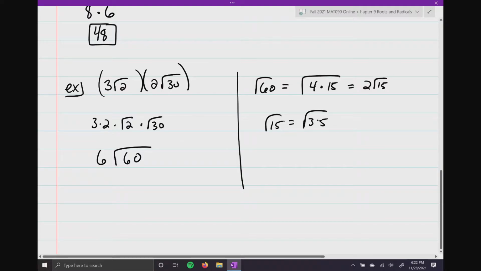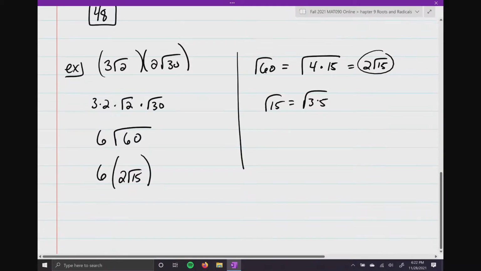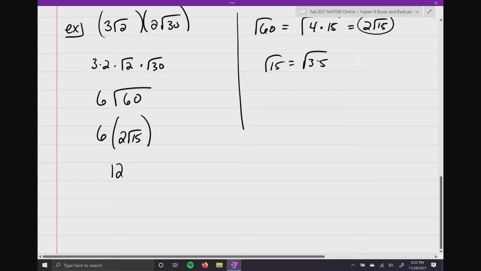And that doesn't break down at all. Remember, you're looking for perfect squares. 1, 4, 9, 16, 25, and so forth. So I can rewrite the square root of 60 as 6 times 2 square roots of 15, which is going to be 12 square root of 15.